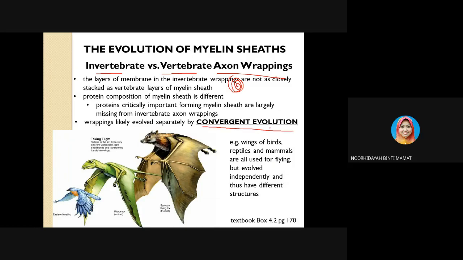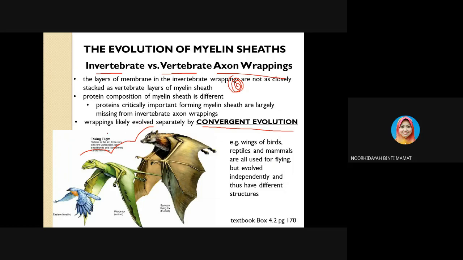Convergent evolution is the process whereby organisms that are not closely related, not monophyletic, independently evolve similar traits. As you can see from this example, these are animals that are not related, but they independently evolved a similar trait, for example here the trait of flying.